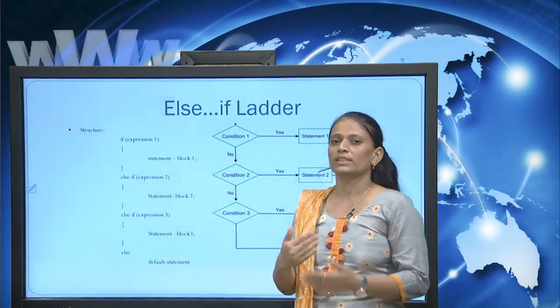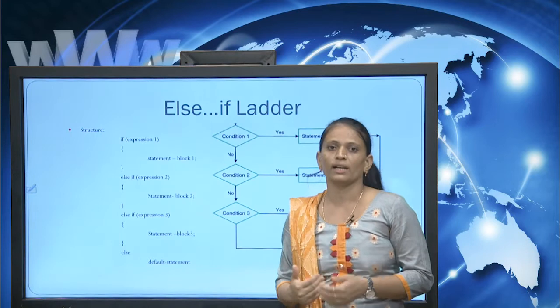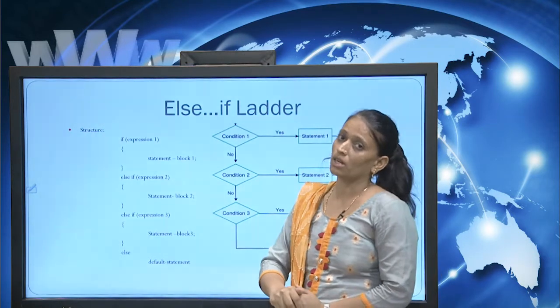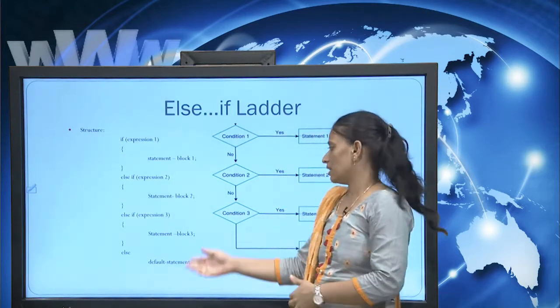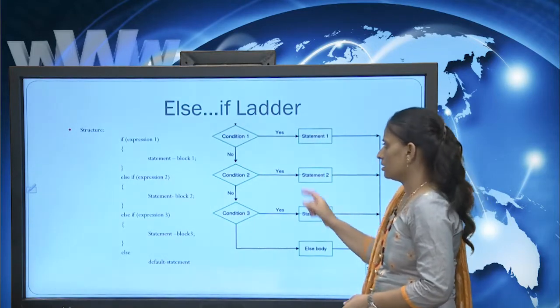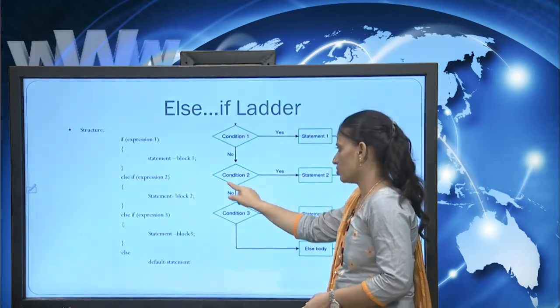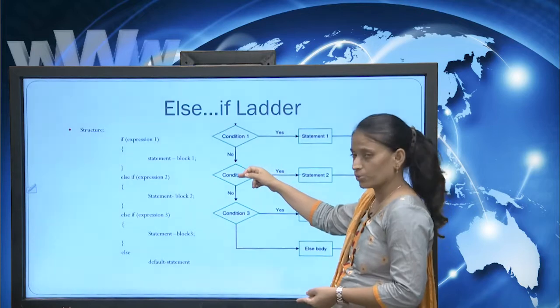Here, all the alternative conditions are checked line by line, and if one is true, then the block for that will be executed. Otherwise, the last default statement will be executed. The flow is: the condition will be checked, if yes, the statement will be executed. If condition 1 is false, then condition 2 will be checked.